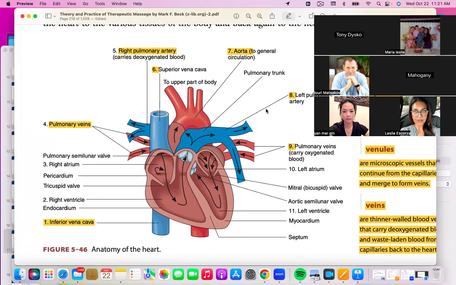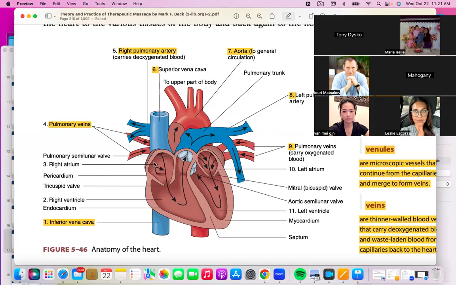Okay, the course that blood travels is as follows. The right atrium. Okay, let's go to the right atrium. This is the left, this is the right. Right atrium. You can write 1 if you wish, or you can put start, as this is where you're going to remember the circulation starts.